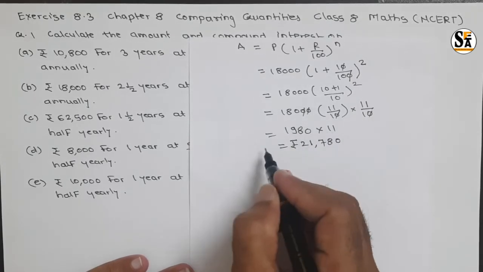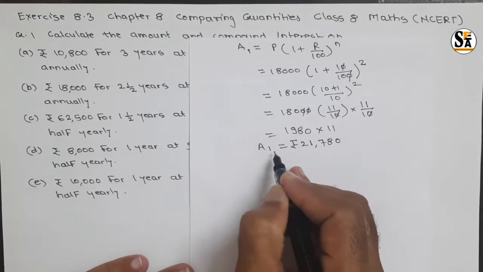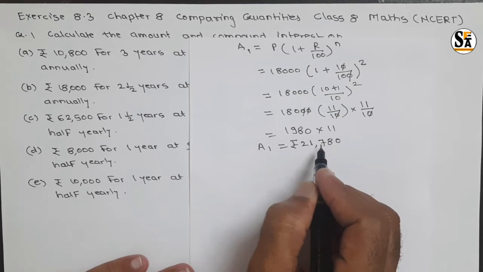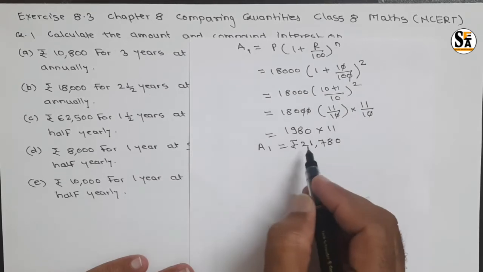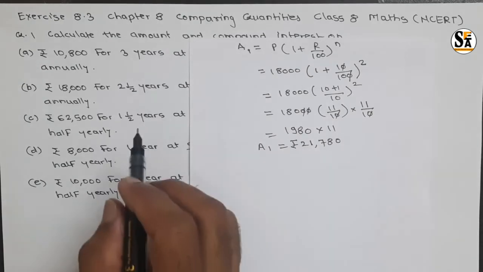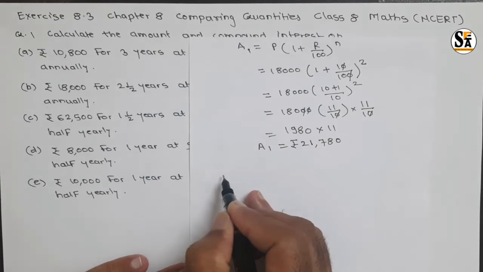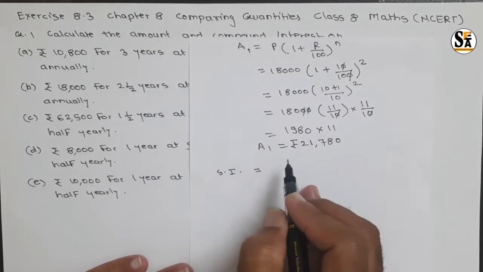Now this is the amount A1, the amount for first 2 years. Now this will be the principal to calculate the interest for the remaining half year. So we know the simple interest formula is very simple.